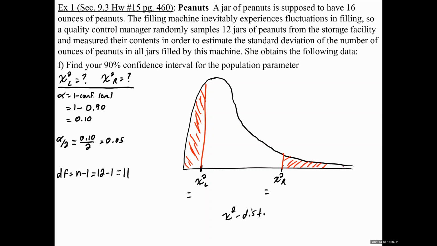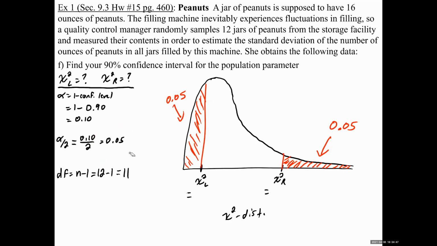Don't shade in between. Okay, shade the ends. Each of those red areas is alpha over 2. This area here is 0.05. This area here is also 0.05. That's why you divide it by 2, because each of those areas are the same. The total of the red area is alpha, 0.10, but you divide by 2 to figure out what each one individually is. They're both 0.05.